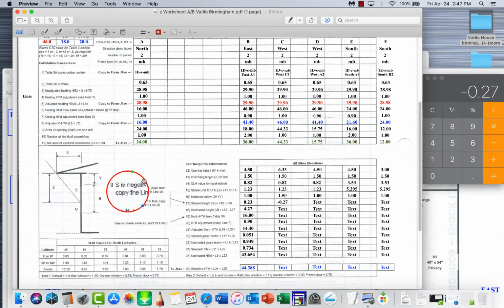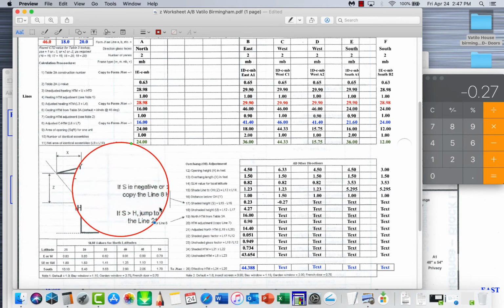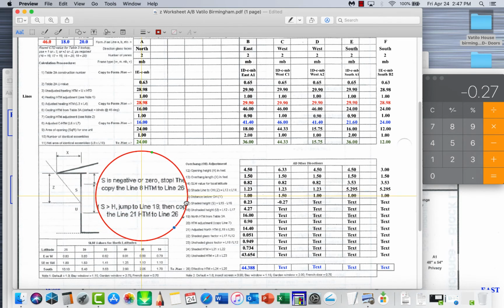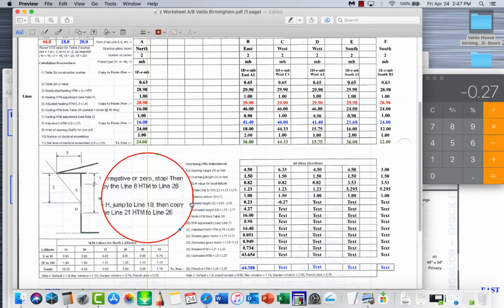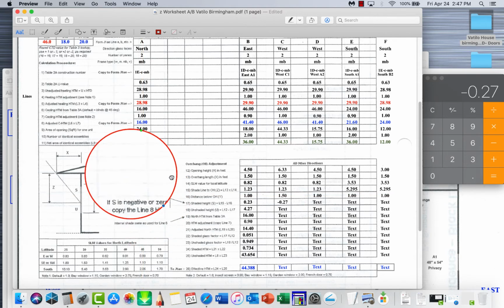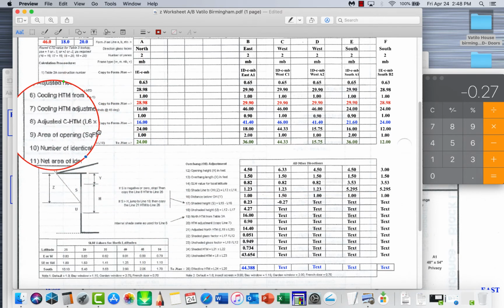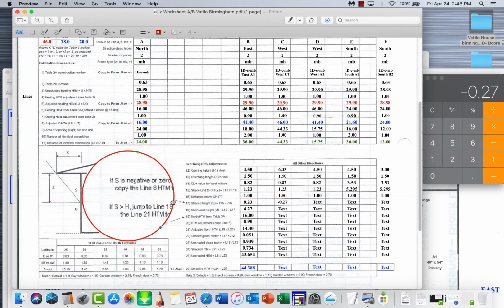And it says right here, I'll make this large so we can all read it. If S is negative or 0, stop. Then copy line 8 HTM to line 26. Okay, line 8 is up here. So we're just going to copy this number here, 46, down to here. And that one is complete.